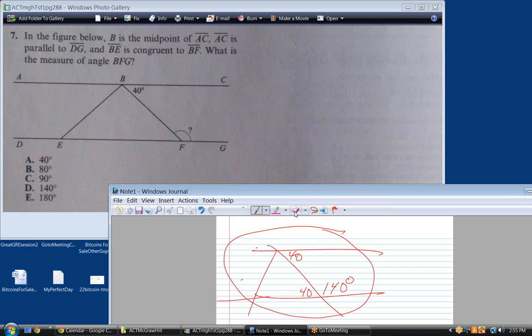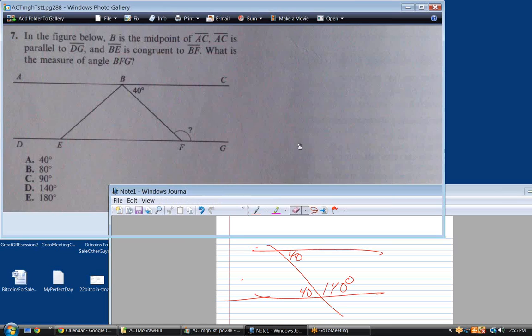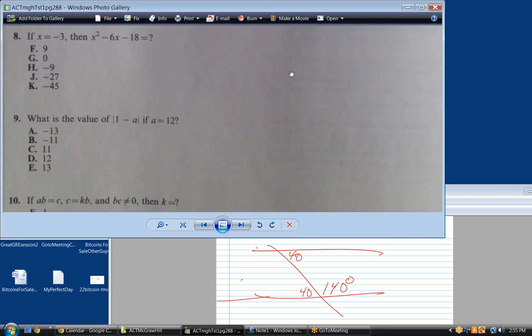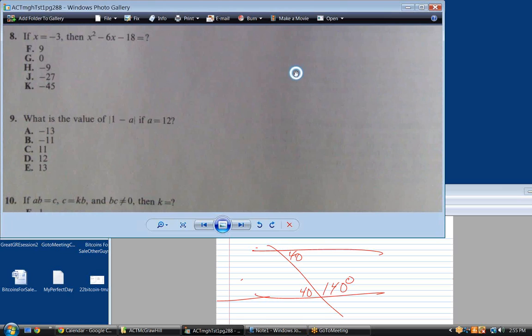The question is strictly one of parallel lines and a transversal, like this. So all of this other stuff they threw in, this line BE here, is not important. So don't assume that just because information is in the question that it's important information. It isn't always.